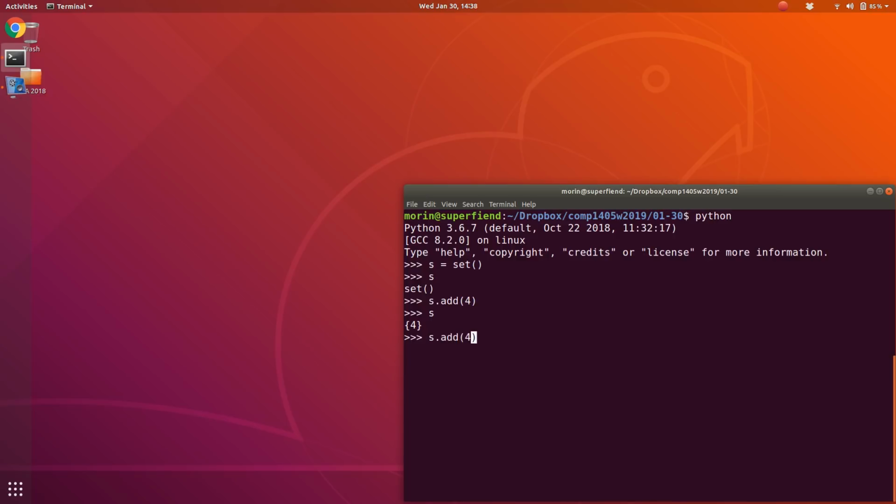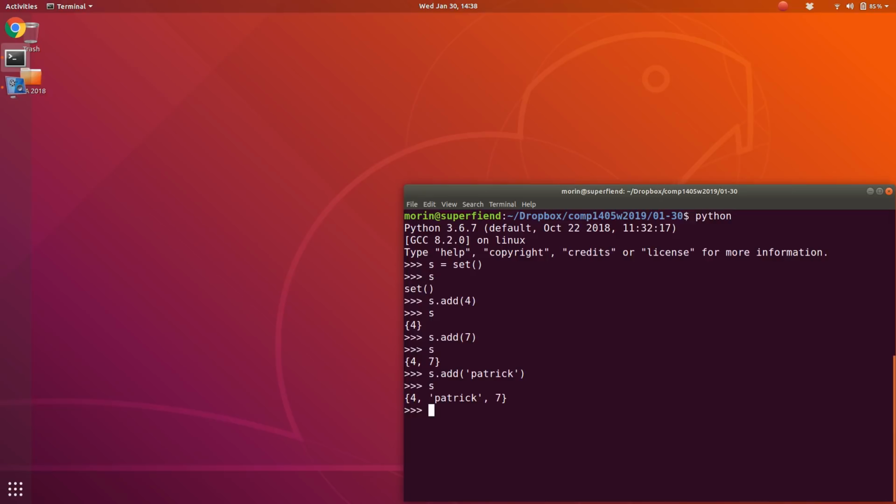And if I do something like s.add 7, and I look at S, I see 4 and 7. Let's add something else. And now I see S contains 3 elements, the integer 4, the string Patrick, and the integer 7.